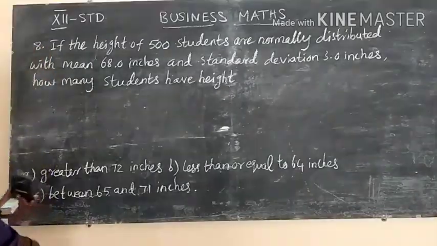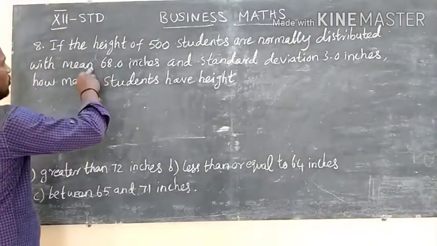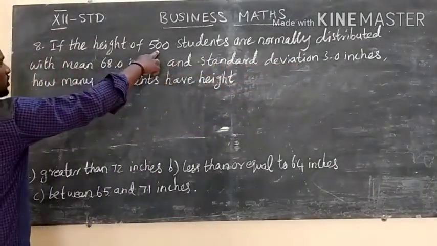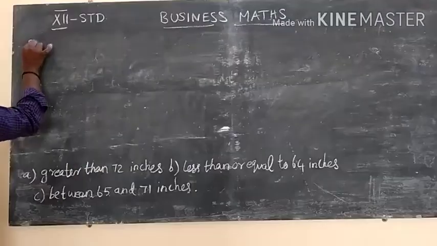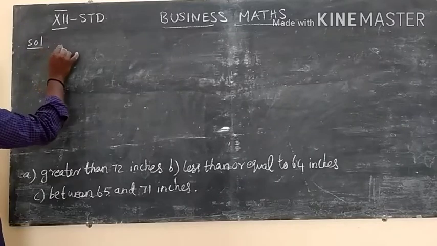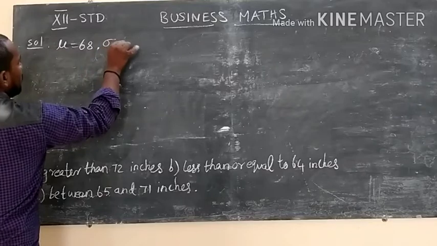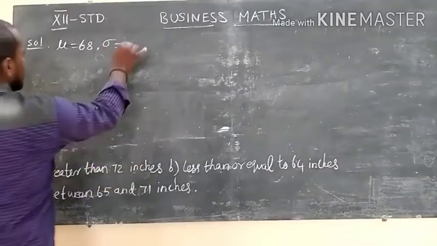From the question, mu is equal to 68, standard deviation is 3, and the total number of students is 500.